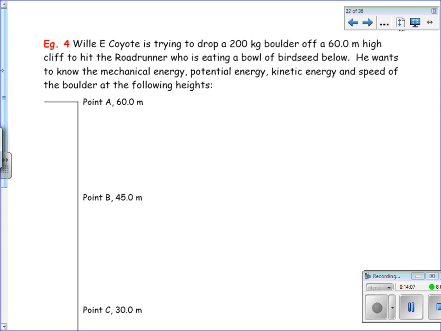So a couple things we need to know here. Mechanical energy is the sum of potential energy plus kinetic energy, right, which makes it mgh plus 1/2 mv squared. And we find velocity by taking the square root of 2 times the kinetic energy divided by the mass, right?